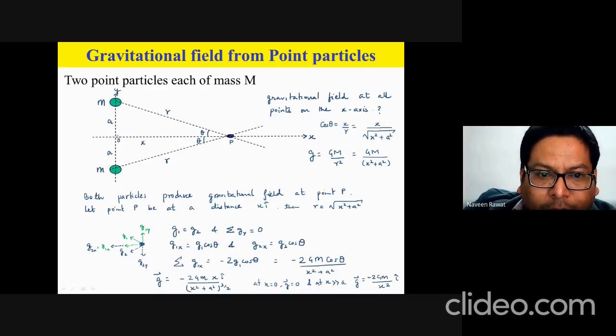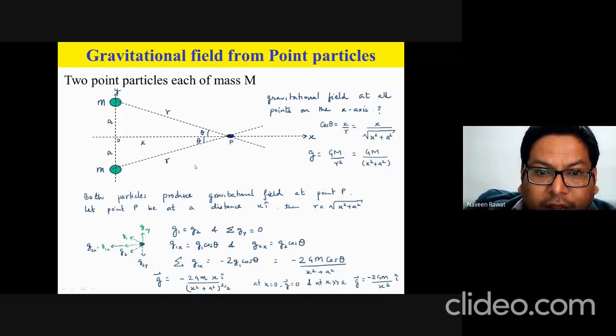Whatever we keep at this point P will just be stationary. So an object that is kept at point 0 here, which is the origin, will just be stationary and won't move, because the gravitational fields basically cancel each other out. Okay, so that makes sense, right? If x is equal to 0, this whole expression g becomes 0.